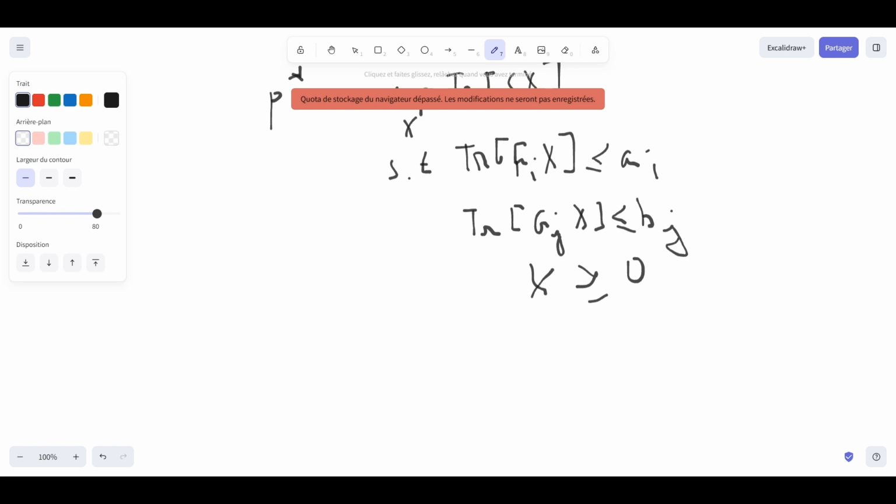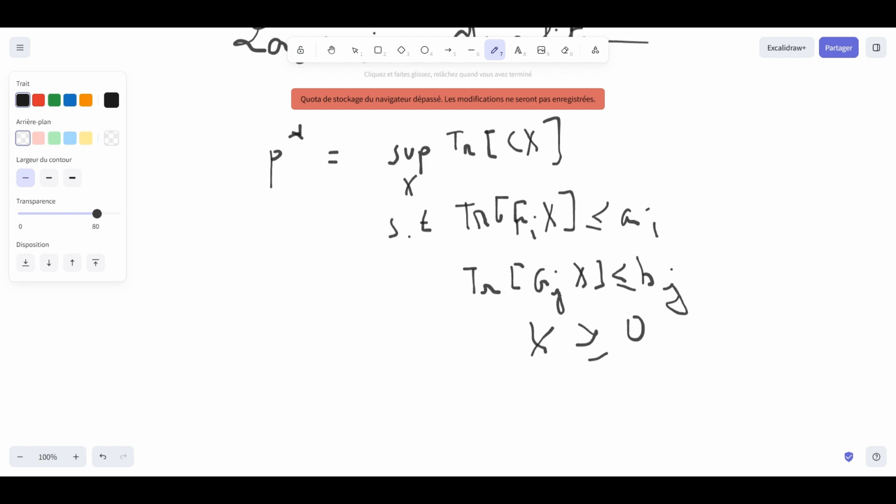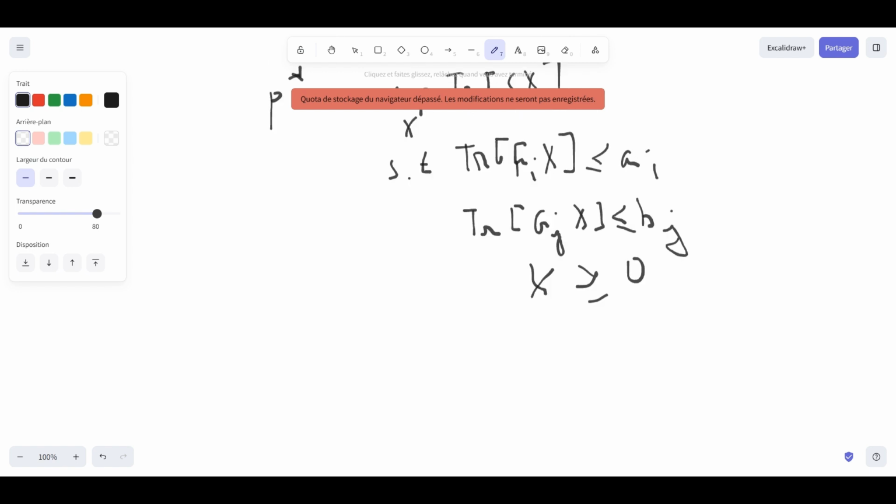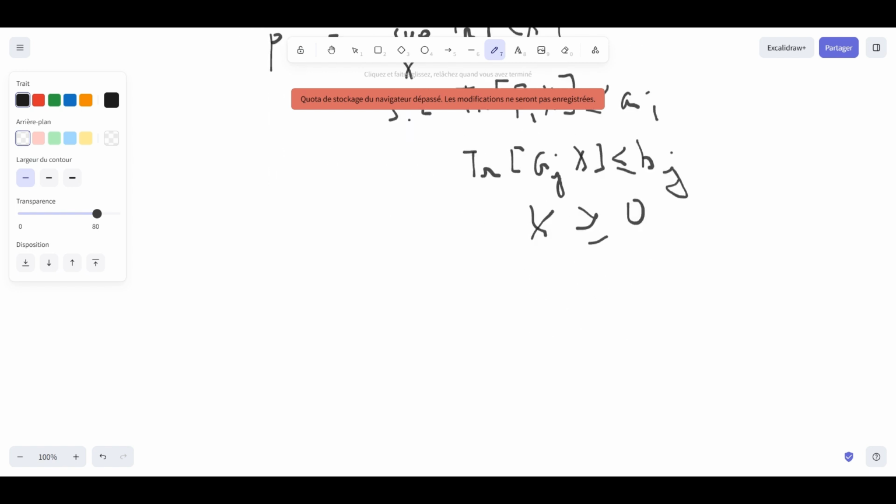So finding lower bounds on P star is easy, no? Given any feasible x, it's easy to find a lower bound, because you can just take P star superior to trace of Cx.